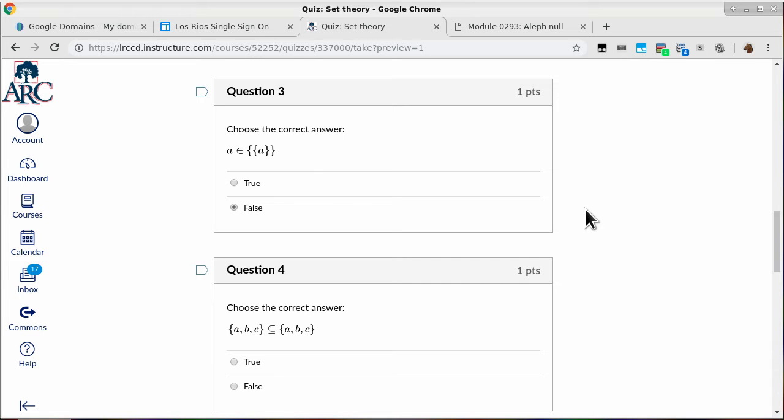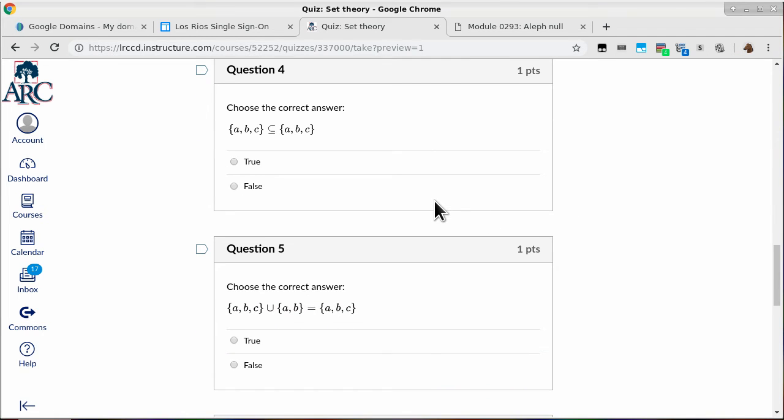When I ask, is something an element of something else, it is not hierarchy, it's not nested, okay? Because the set that contains the element of A is not the element of A. And that itself basically makes this answer no, false. Yep. So the element has to be in the outermost layer. It's a single layer consideration. It's not nested.